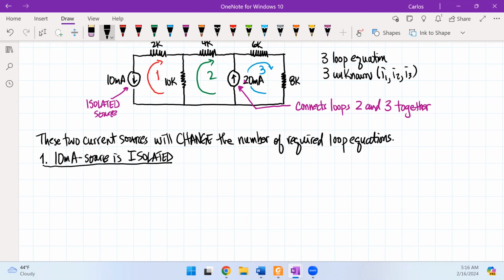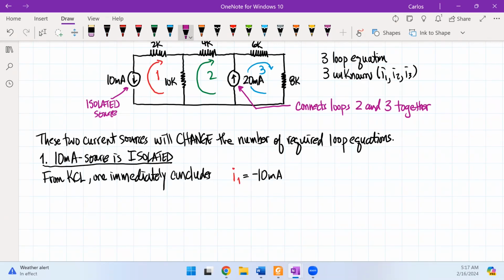So from KCL, we immediately conclude that this current I1 must equal minus 10 milliamps.